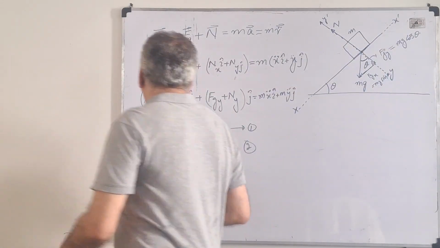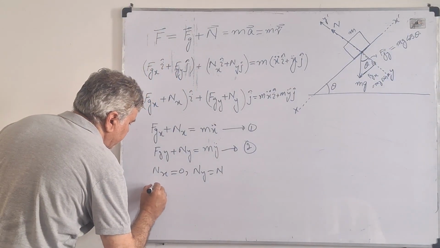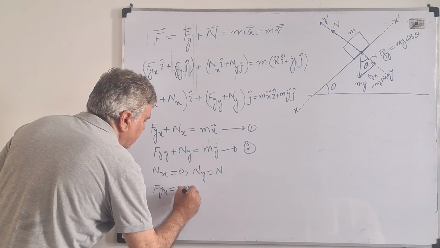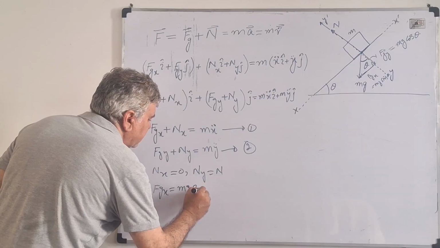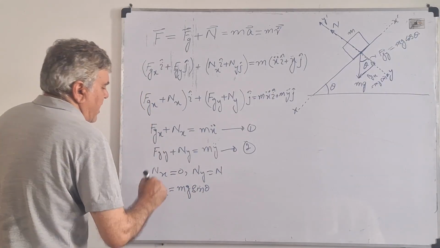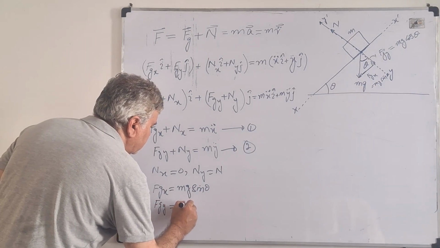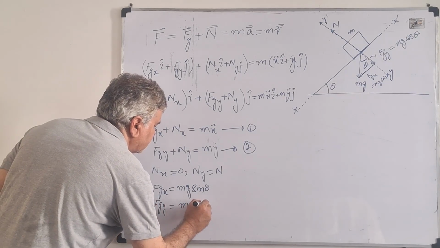So from the components I can write Fgx is equal to mg sine theta, and Fgy is equal to mg cos theta.